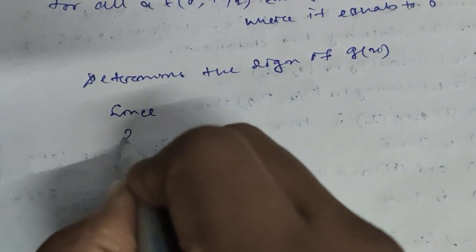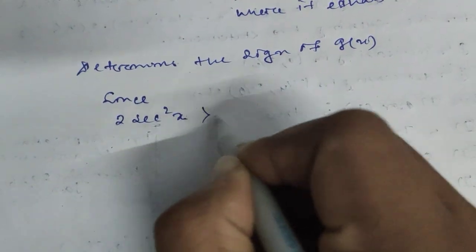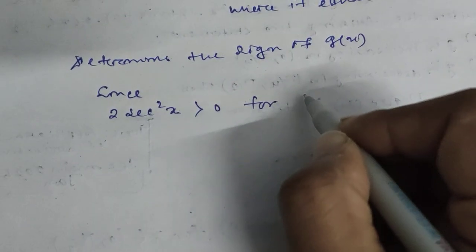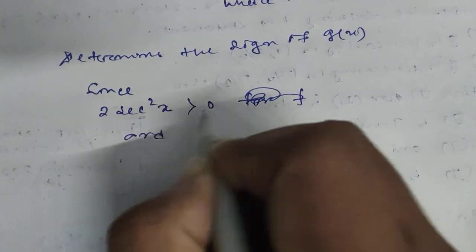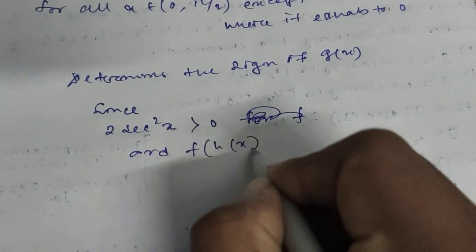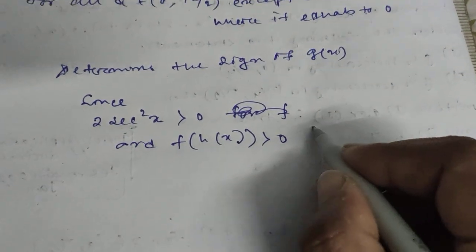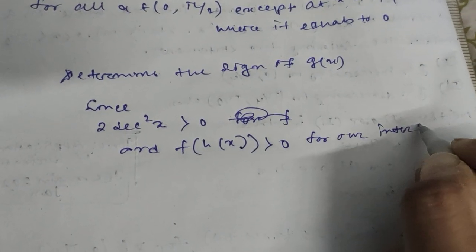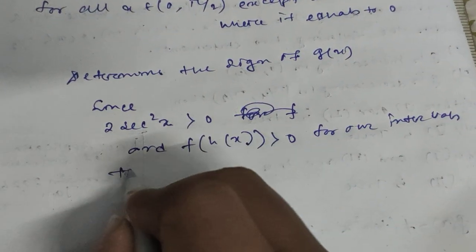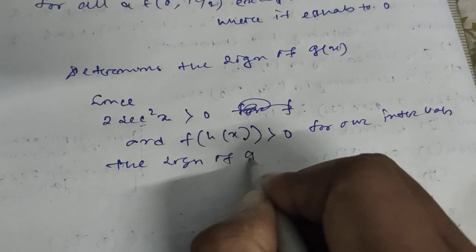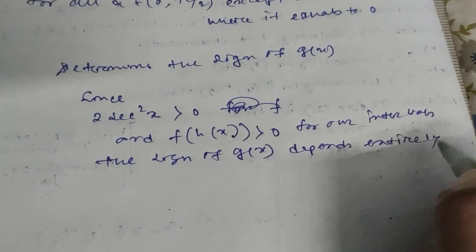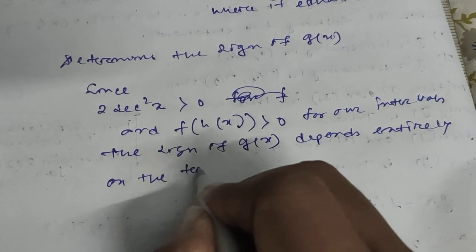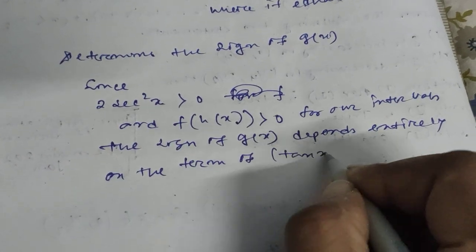Since 2 sec square x is greater than 0, and we can write f of h(x) greater than 0 for our intervals, the sign of g(x) depends entirely on the term of tan x minus 1.